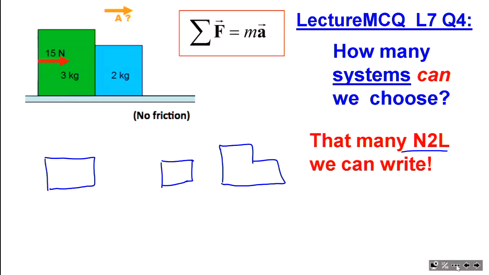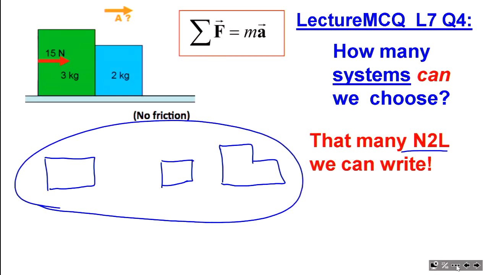That's why it's important to choose as many systems as possible, because for each system we can write Newton's law. So the number of systems is equal to the number of laws we can write. The more equations we have, the more information we can extract. So in this situation, 3 systems, which means 3 laws: 1 Newton's law for the green box, 1 for the blue box, 1 for the combined system.